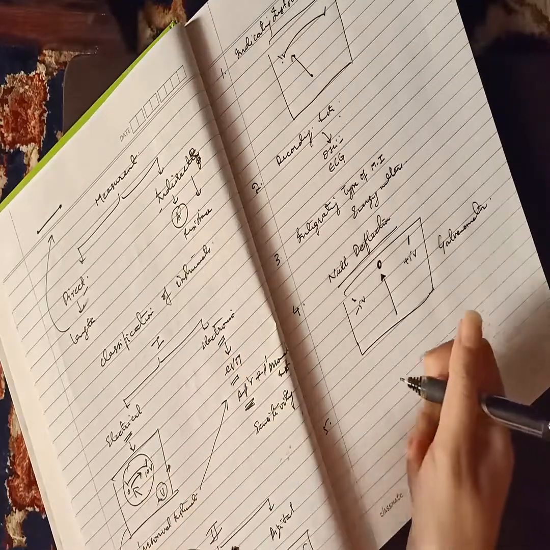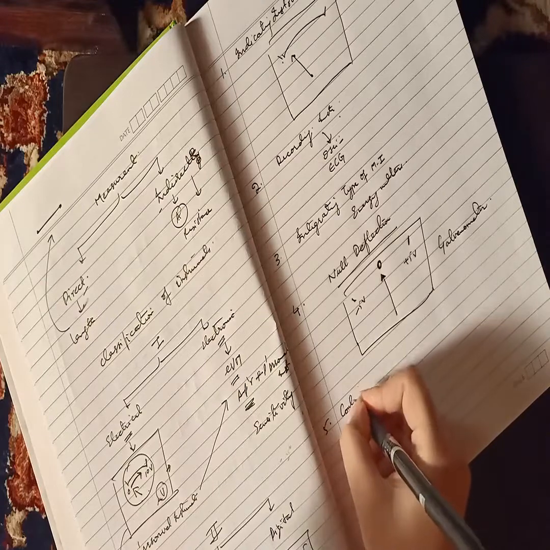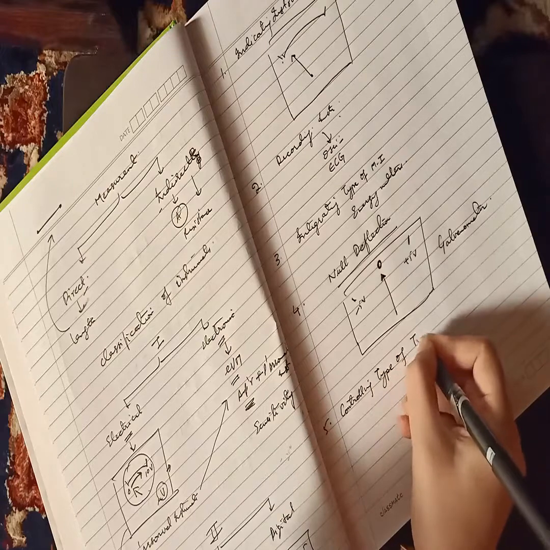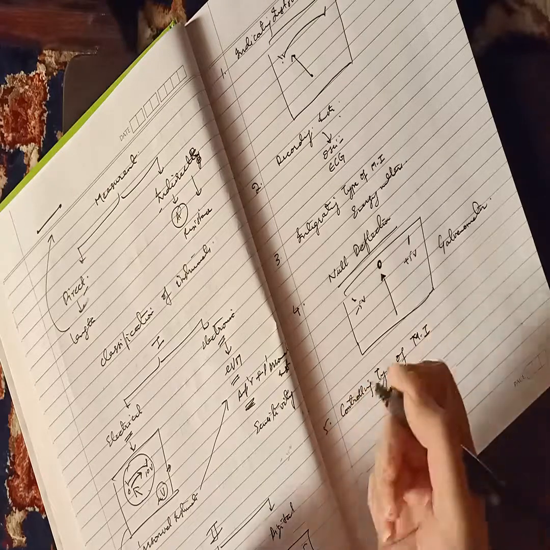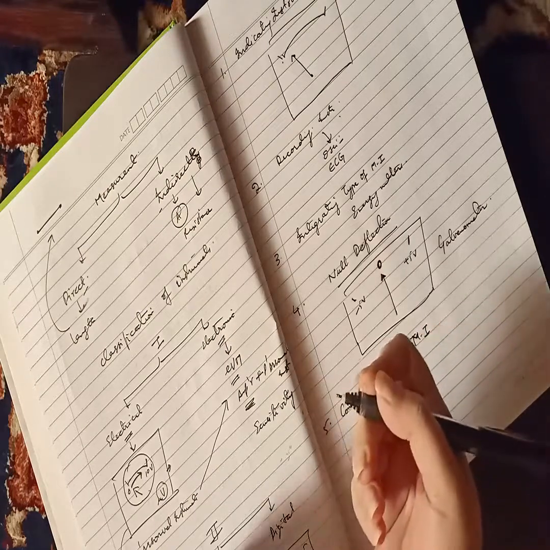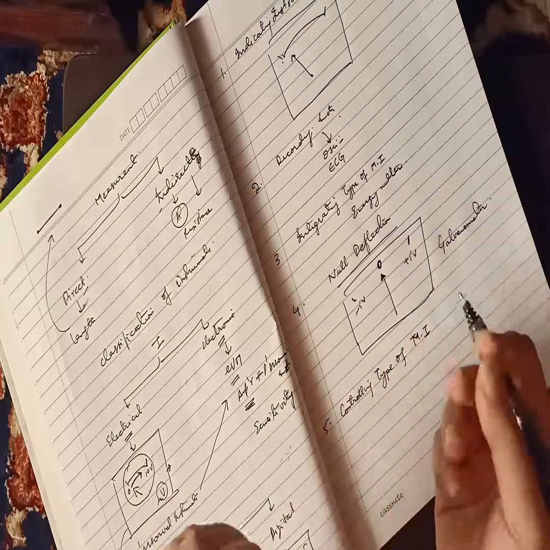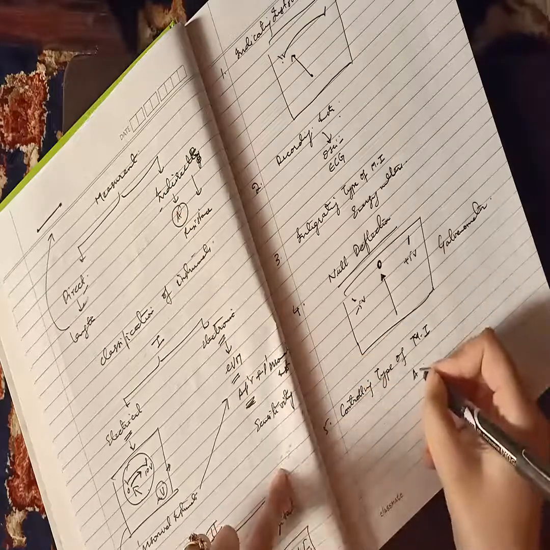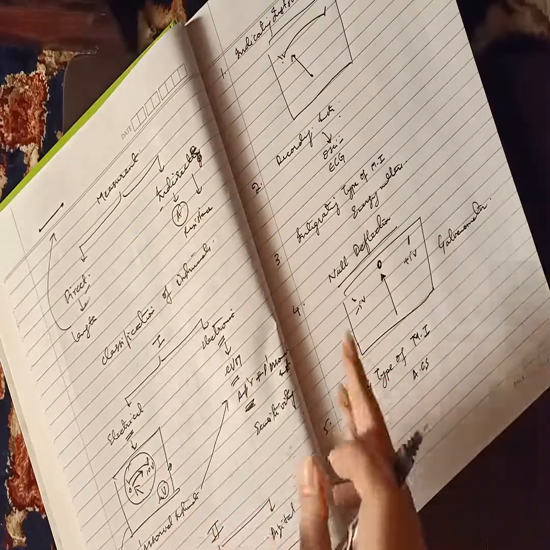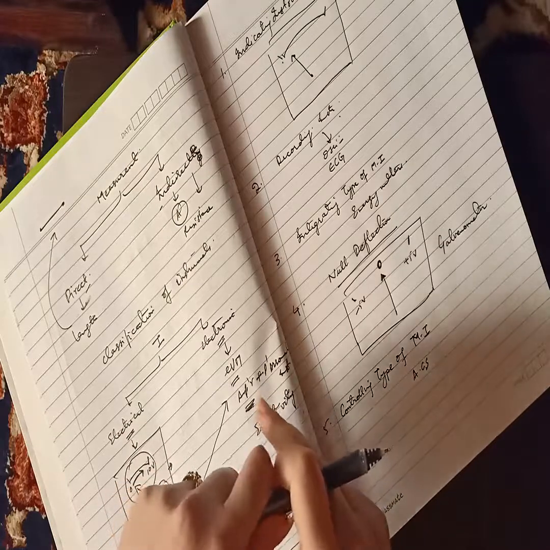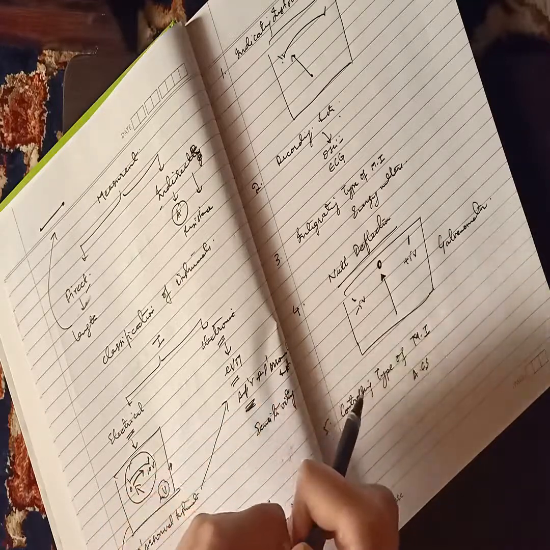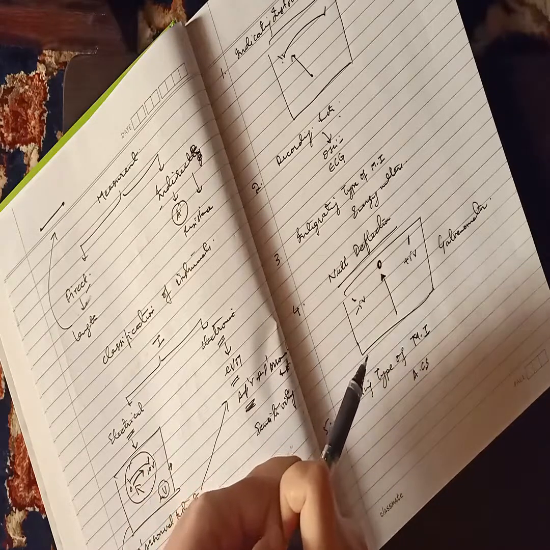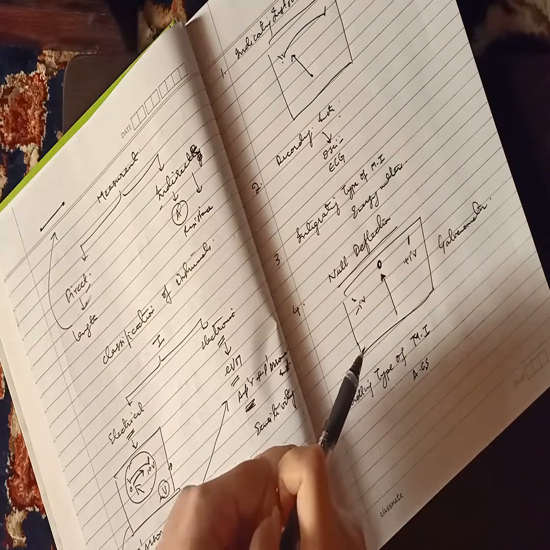Then the last category is your controlling type. Controlling type is any device where we take feedback: a device measures, then it gives you the feedback and then it corrects the error. Any automatic control system, where you measure, say if I'm talking about an AC that is regulating our room temperature and I want, say, 18 degrees Celsius in my room right now, so what it does is it senses your temperature.